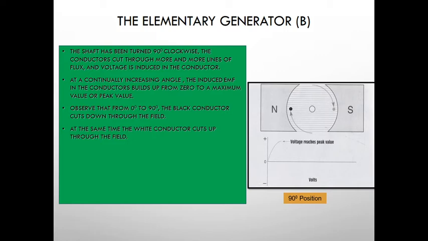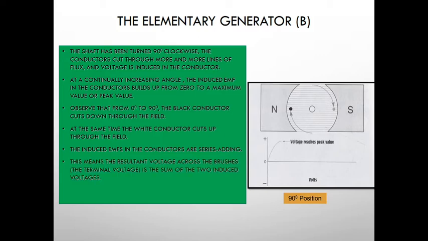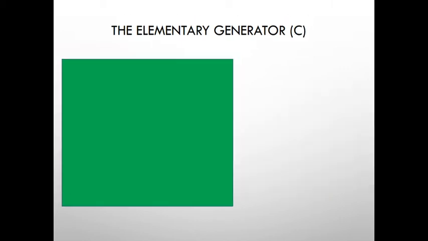They are series adding, so the resultant voltage across the brushes is the sum of the two induced voltages, of the white conductor and the black conductor. That will be the total resultant voltage. The meter at this position B reads the maximum value.